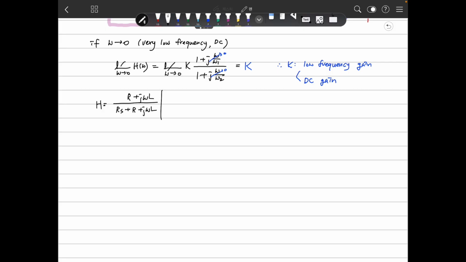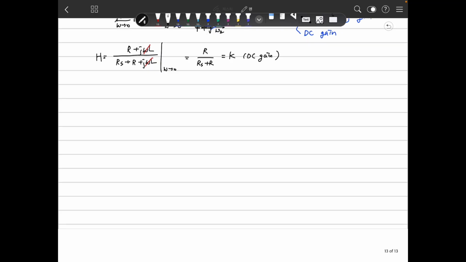When you go to the DC gain, omega goes to 0, then the j omega L term goes to 0. The remaining thing is R over Rs plus R. This will be the gain, the DC gain.